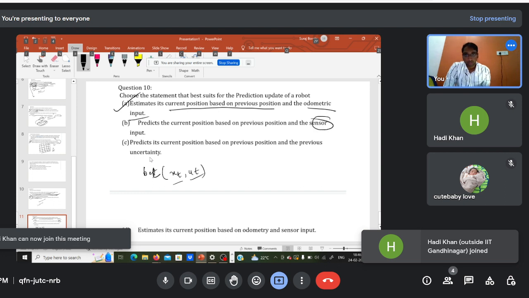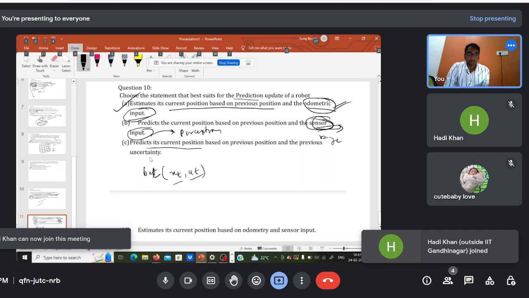Sensor input, no, we don't need sensor input for prediction. We need sensor input for the perception update. Odometry is not called a sensor. Sensors are for mapping, like the range sensor, camera, lidar. Encoders are not called sensors. Encoder data comes as an input command, or what motion the robot is doing, so don't get confused.